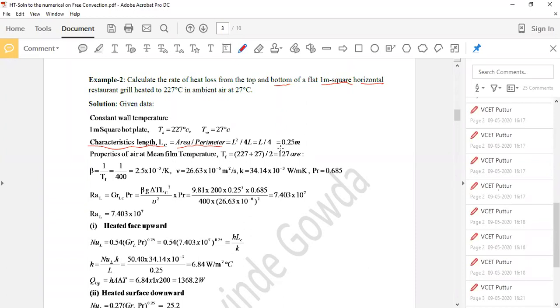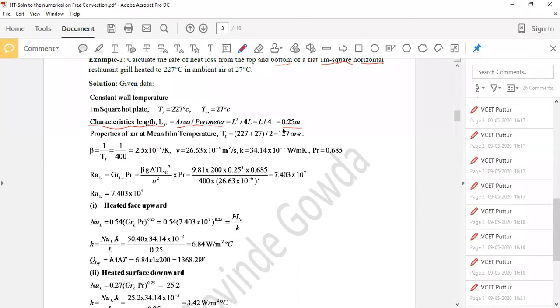So L by 4 is the characteristic length, calculated to be 0.25 meter. This characteristic length is similar to the hydraulic diameter, where hydraulic diameter is 4 times area divided by perimeter, but here the characteristic length is defined only as the ratio of surface area divided by perimeter.